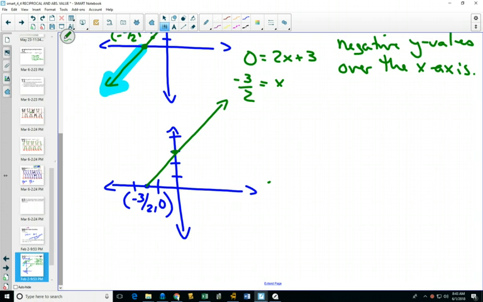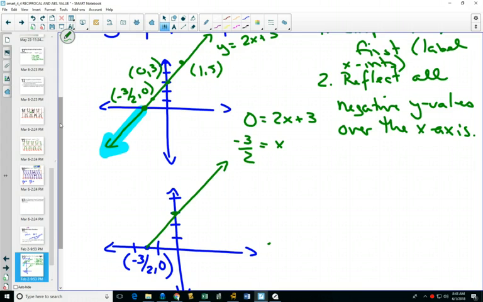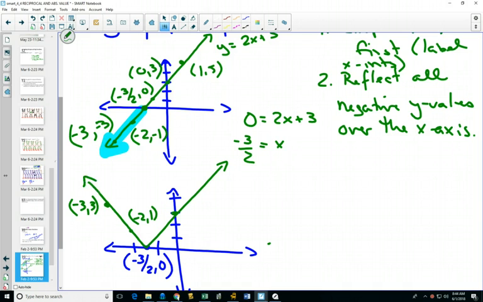But this part of my graph, and I'm going to label a couple of points on it just to give a sense. For example, you would have (-2, -1) and (-3, -3). And if my y values become positive, I would now have (-2, 1) and (-3, 3). And what that does is this part that's highlighted in blue just gets reflected over the x-axis.